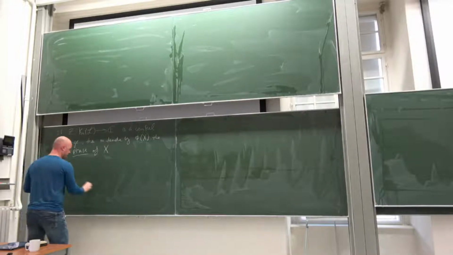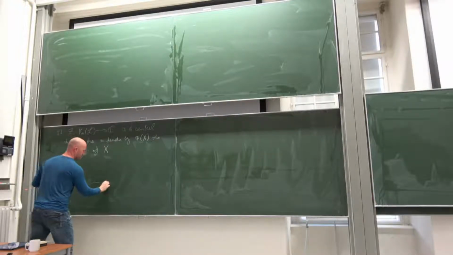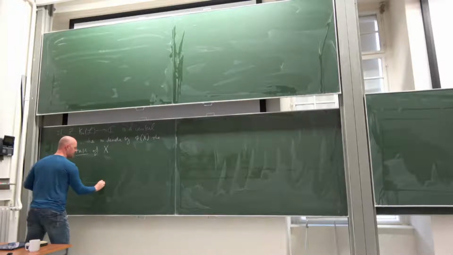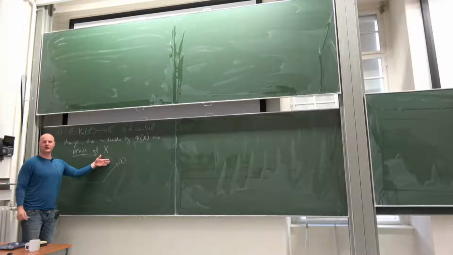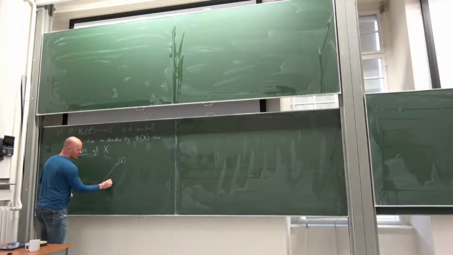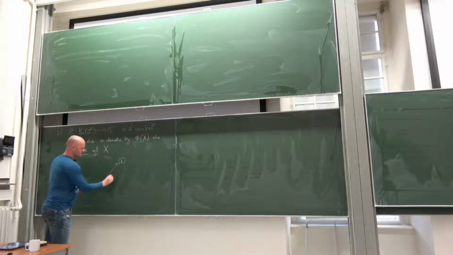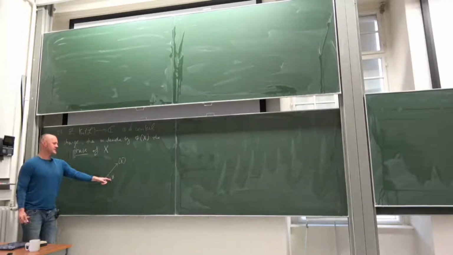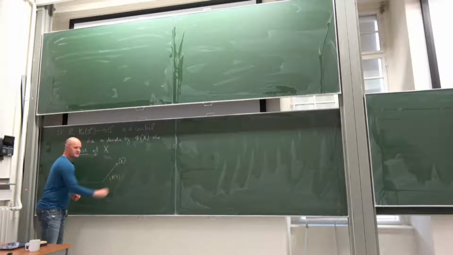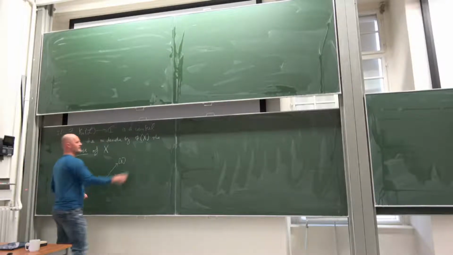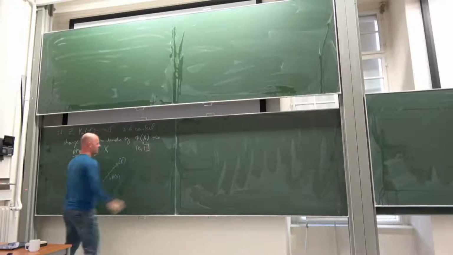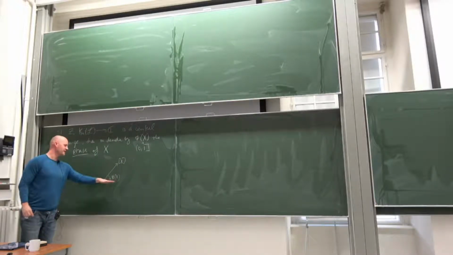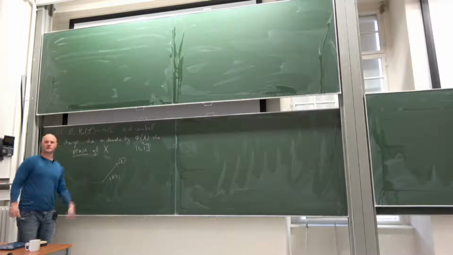Its class is some vector in the upper half plane under the central charge, and the angle that vector makes with the positive real line is the phase of the object x. We scale the phase so that this is 0 and 1 is over here.